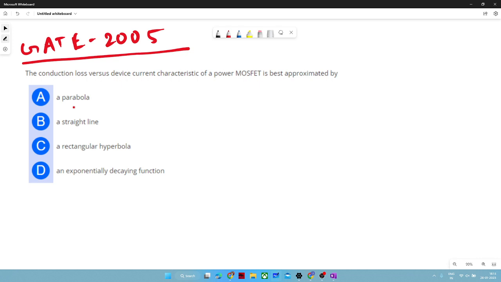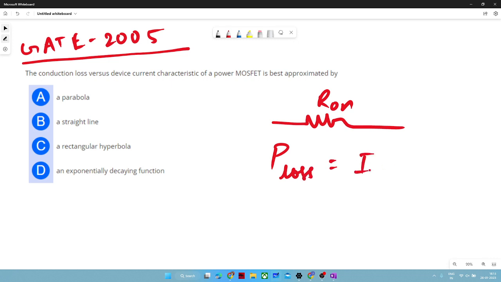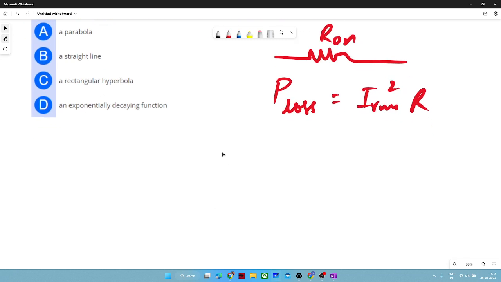Just now we saw that any power MOSFET is modeled as R-on, and for the power loss formula, we saw I-RMS squared into R. R is fixed, right? And its loss is depending on current.